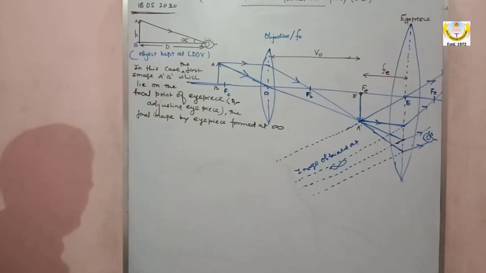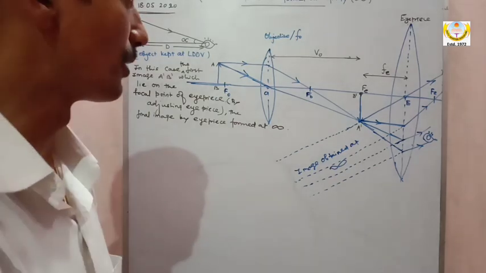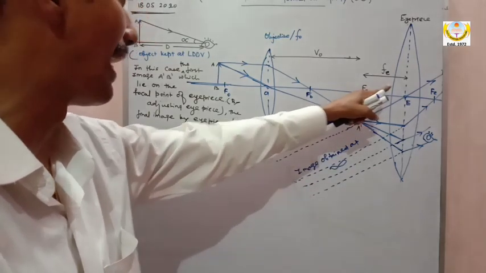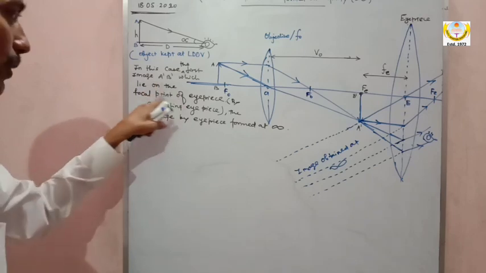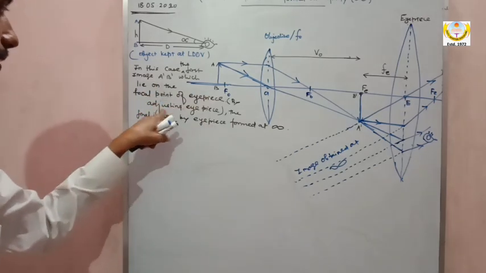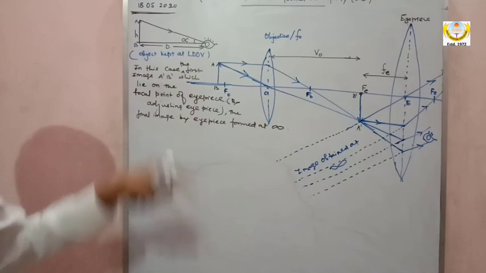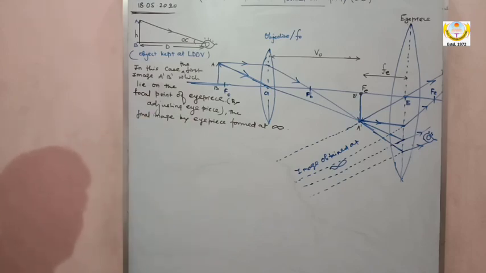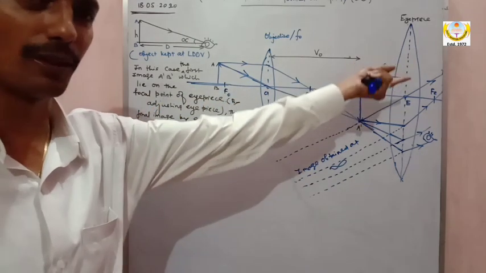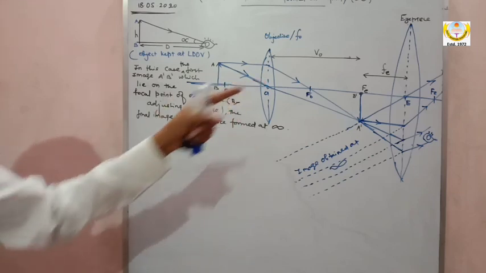The final image by eyepiece formed at infinity, because this image A dash B dash lie at the focal point of eyepiece. By adjusting eyepiece, I did this, and this is our virtual object also, which act as an object also.